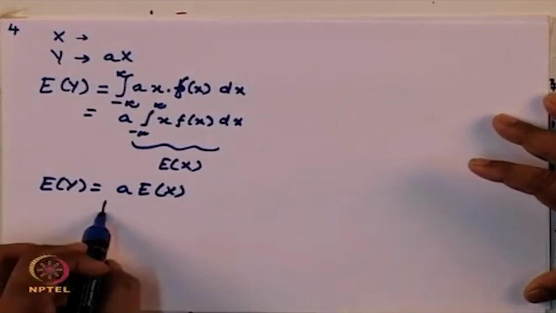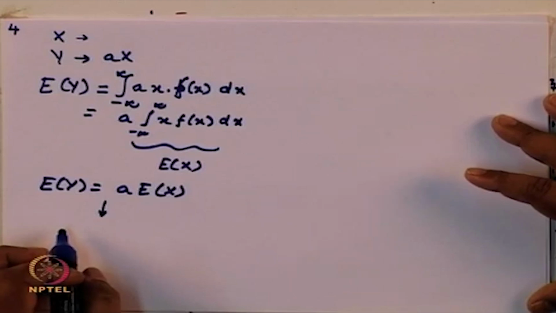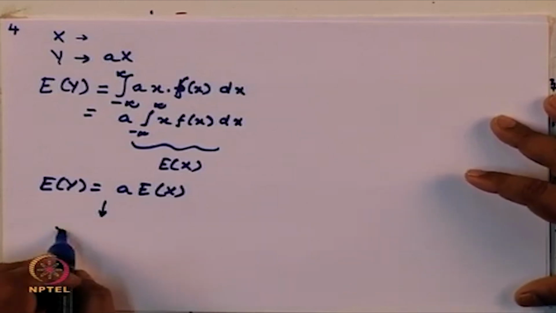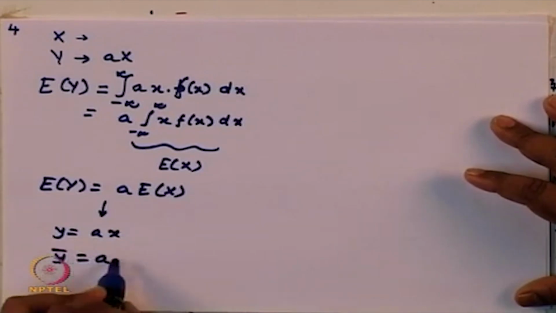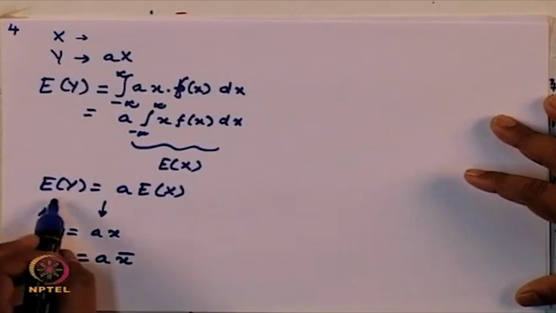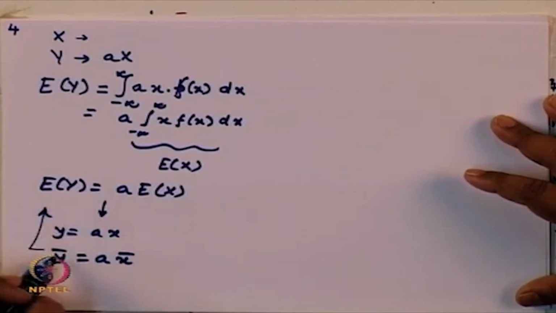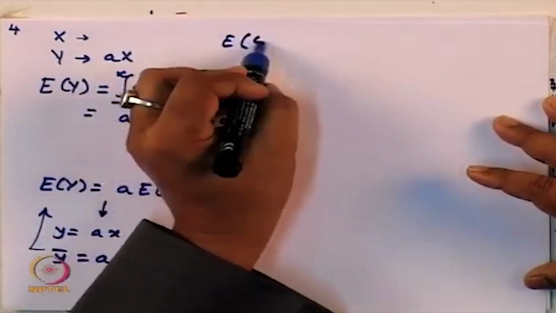So, this is similar. You remember from long back we had done this basic transformation: if you define y is equal to a x, then y bar is equal to a x bar, and this is nothing but the exact same equation, because expectation of y is simply y bar. So, we can use the similarity concept and ask what is E of a constant c?